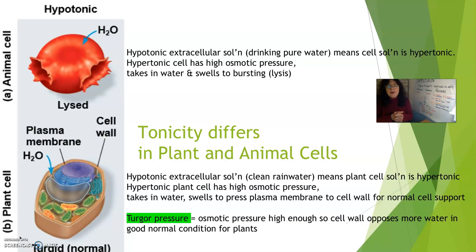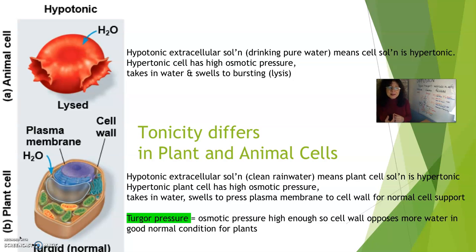So you have a hypotonic extracellular solution coming into your body without any solute in it. It's hypotonic, which means that the cell inside is relatively hypertonic. It has solute inside its cell. It is hypertonic relative to the extracellular solution, which is flush with water, and hypotonic.